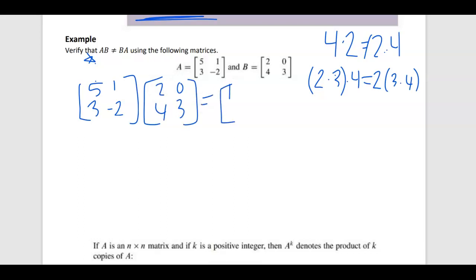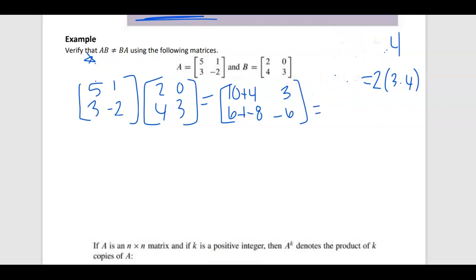So I'd have 5 times 2, 10, 1 times 4, 4, 5 times 0, 0, 3 times 2, 6, plus negative 2 times 4, negative 8, 3 times 0, 0, negative 6. So my resulting matrix is 14, 3, negative 2, negative 6, and that's AB.